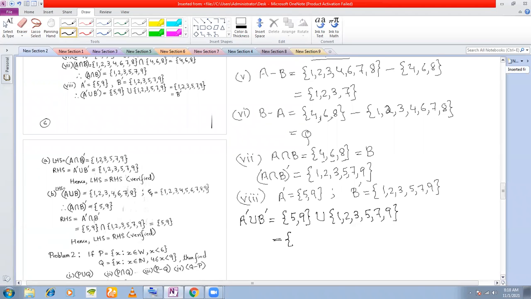Each element, whatever you have in the two sets, you write just once. You don't have to maintain the order. You can write in any order, 5 first or 9 first. It's not necessary that you start with one.